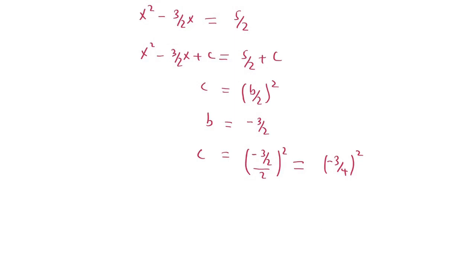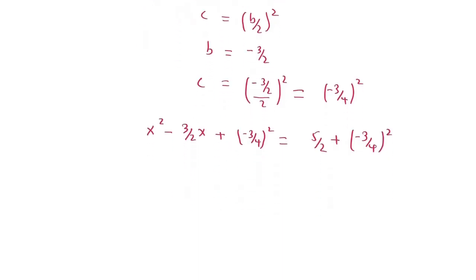Then our expression is going to be x squared minus 3 over 2x plus negative 3 over 4 squared equals 5 over 2 plus negative 3 over 4 squared. Okay, so now let us solve our right hand side.